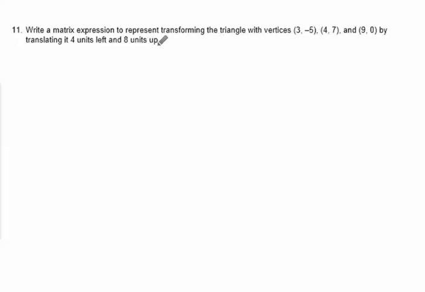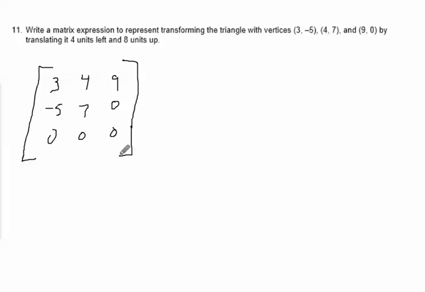So this one is asking me to translate something, translating 4 units left and 8 units up. So I'm going to write the vertex matrices again. It's going to be 3, -5, and 0, 4, 7, and 0, 9, 0, and 0. And when I'm translating, all I need to do is say 4 units left. That means I'm going to be adding a matrix to it. 4 units left. That means minus 4, because I'm going left 4 units. Minus 4. Minus 4. Minus 4.